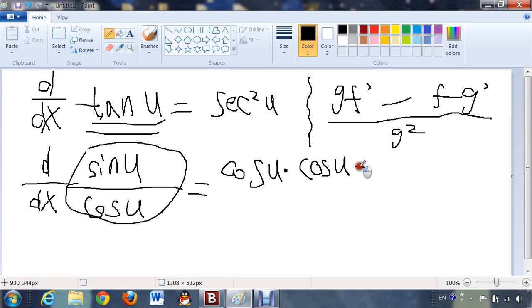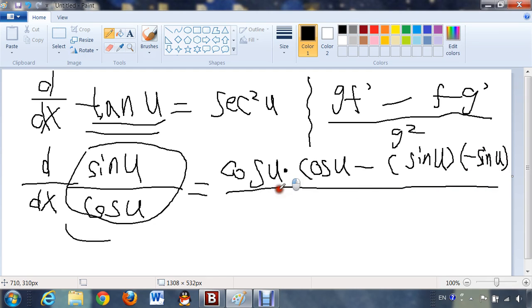Cosine of something, and then you minus sine something, and the derivative of cosine something, it's minus sine something, right? So this minus sine something, and everything will be over cosine square something.